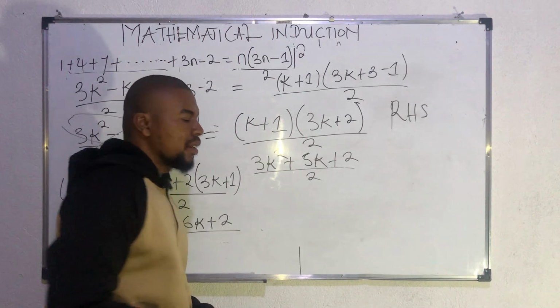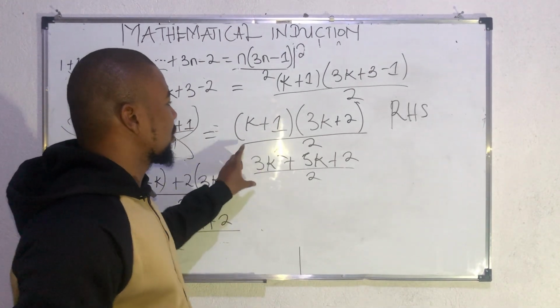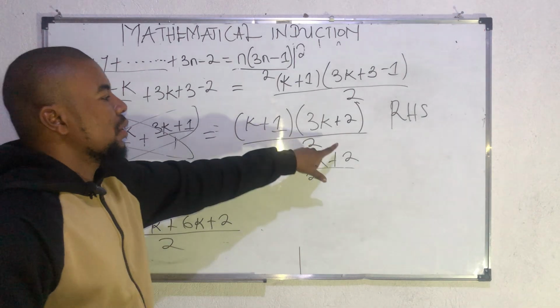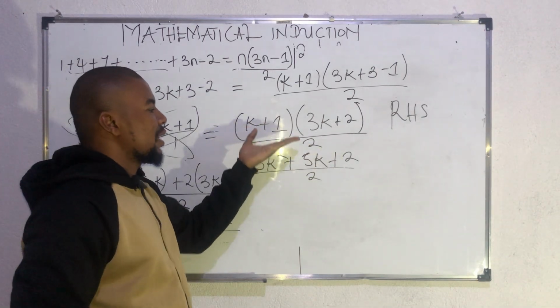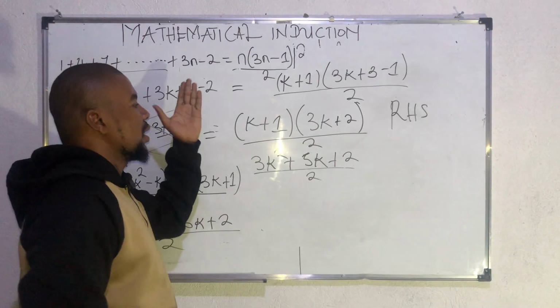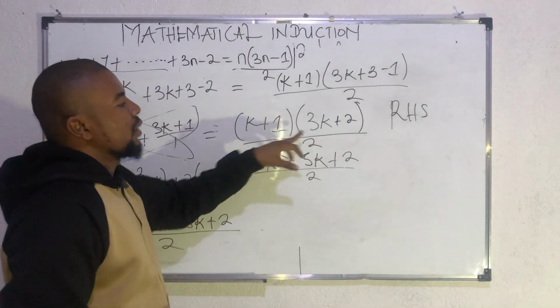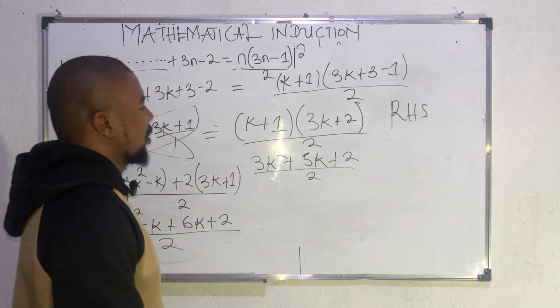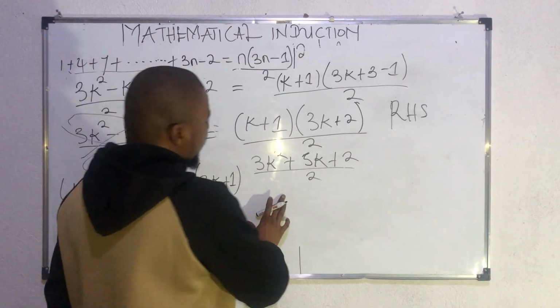Let's factor this to see if we can get the exact answer that we got on the right-hand side. If we did not get this after factoring, then there is a mistake. But if we are able to prove that the right part is equal to the left after factoring, then we have no issue. So what do we do at this point?